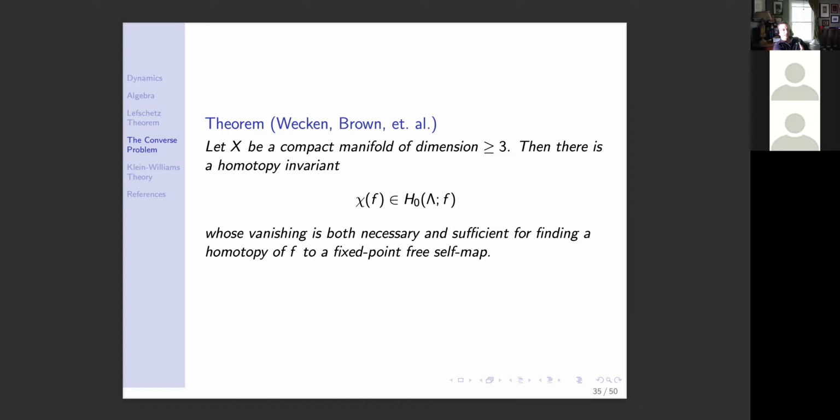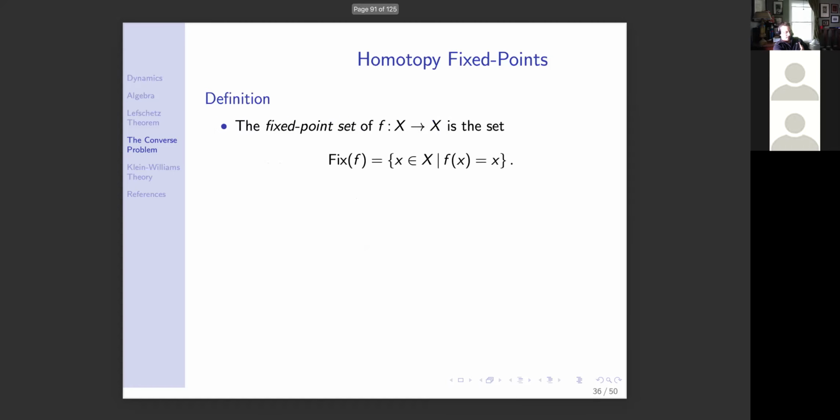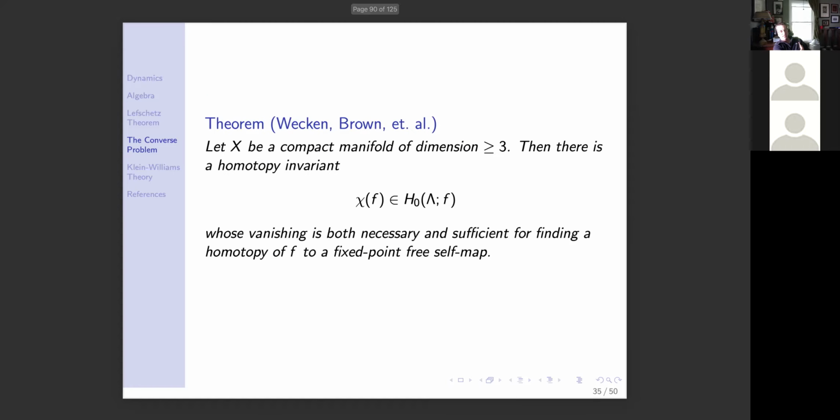I'm going to give you a sketch of how the invariant is actually defined in what follows. They never really state this result this way. This is a rewriting of history, and I don't really know who first stated it this way. It's not clear, but I would give these guys the authorship because what they did was equivalent to this. There was a lot of rewriting.